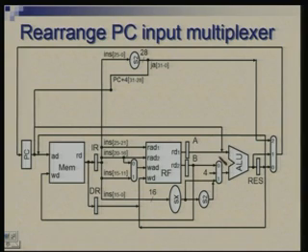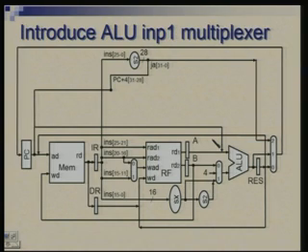So, I simply need to introduce a multiplexer here and connect these 2 inputs to that multiplexer. This is a 2 input multiplexer, one input comes from the PC, another is already there, shown from register A.